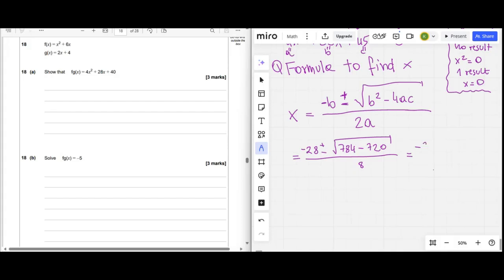Right, so we have negative 28 plus minus, and from that square root, the difference is 64, so the square root is 8, divided by 8.